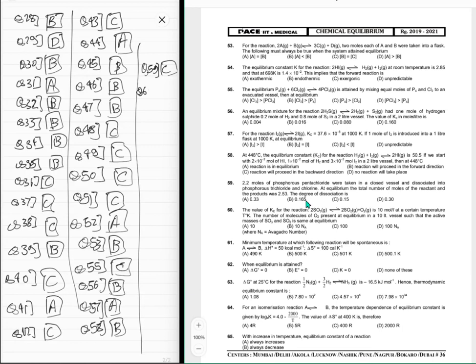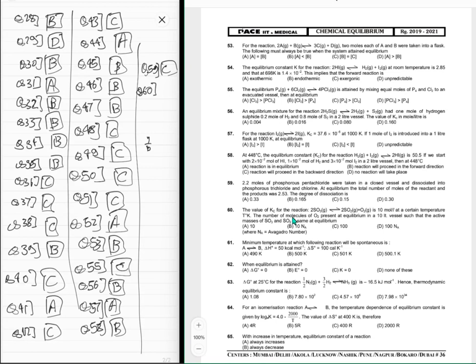Question number 16. Last question. The value of Kc for this reaction is this thing at a certain temperature. The number of moles of O2 present at equilibrium is this. At equilibrium, fine. In a 10 liter vessel such that the active masses of, oh, okay, the same kind of thing, 10 liter vessel. So just n upon 10, 1 upon that, right?